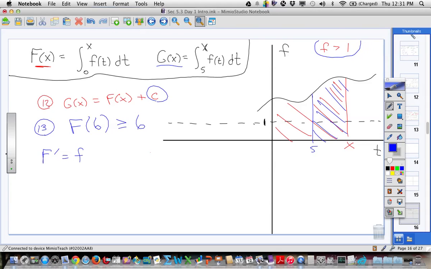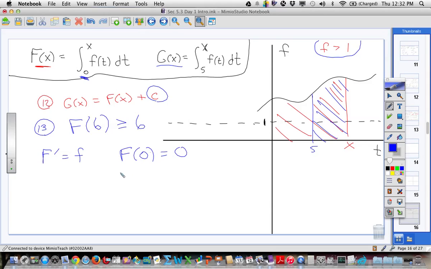Now, the key to the speed limit law, and Kelsey said it, is you had to know where you were starting. What did she say about where we were starting? Big F of 0 is, remember that free initial condition that we get? If you plug a 0 in for x right here, the area from 0 to 0 is 0.